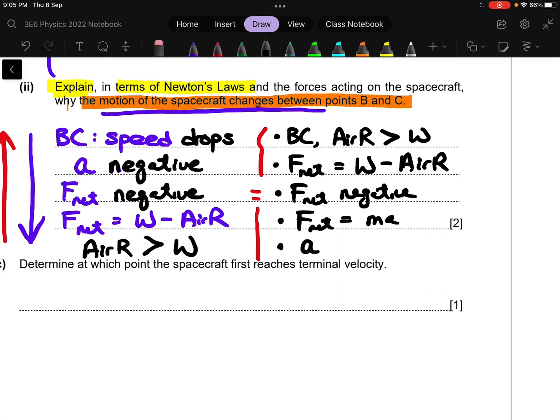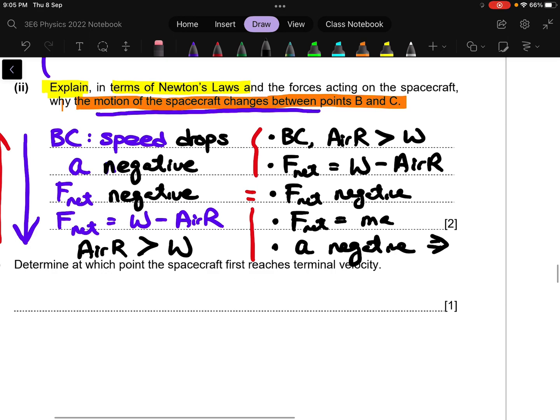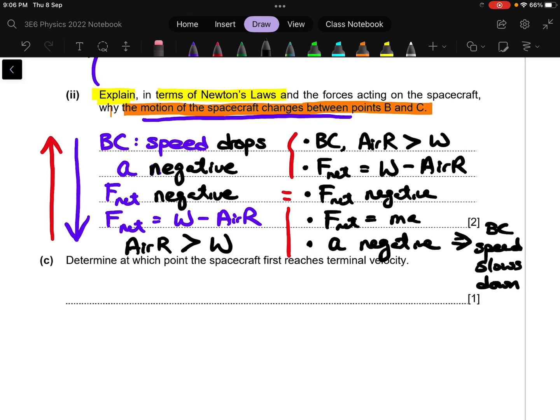And because I know that F net is also equal to ma, it means that my acceleration is also going to be negative. And that is how the motion of my spacecraft changed from B to C. That acceleration is negative, and so therefore from B to C, my speed slows down. Done. That's all.